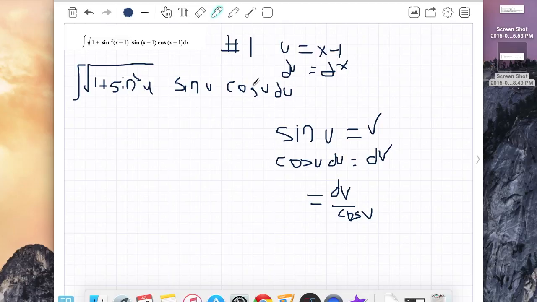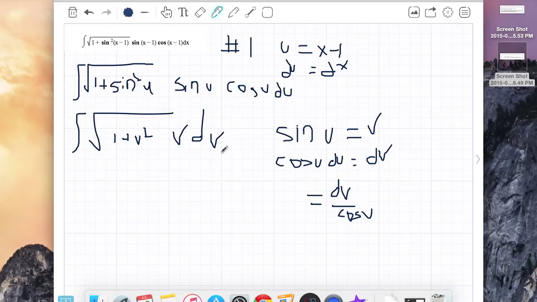If we plug that back in, that's going to cancel out the cosine of u term here when we substitute in for v. So we get the square root of 1 plus v squared times v dv.